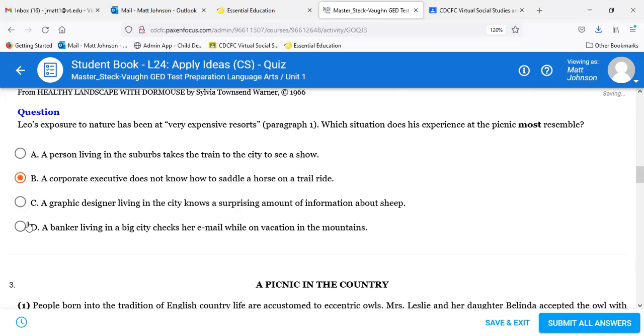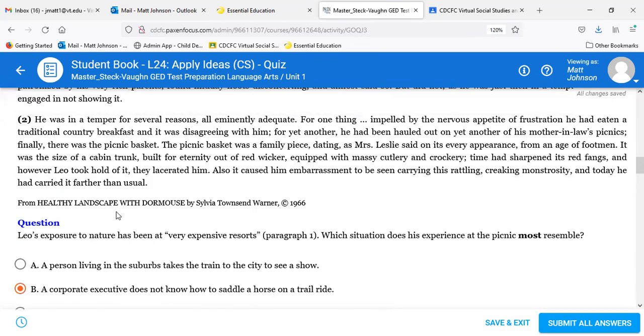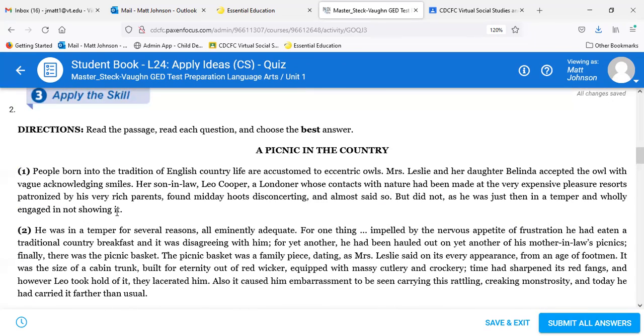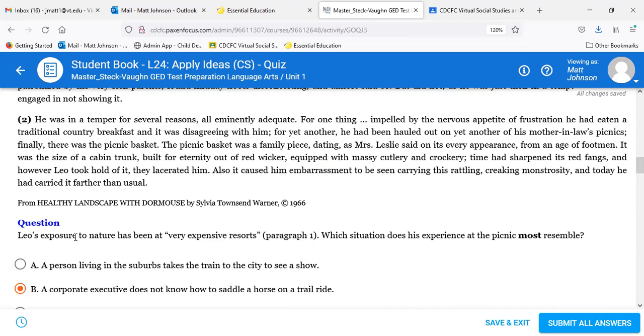So this one's a little weird, but it's basically saying that Leo is a little bit out of place when it comes to this picnicking thing. He's a well-to-do guy, and doesn't necessarily get out. It makes the case that his exposure to nature has been at very expensive resorts. So him being outside is usually in a resort town or a hotel, maybe an expensive beach.